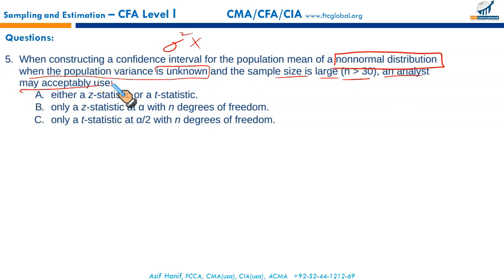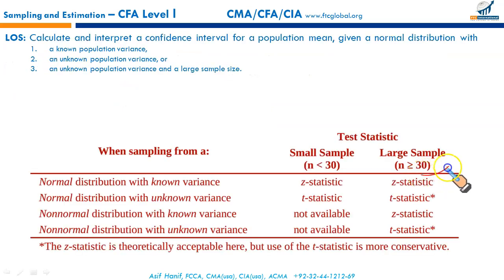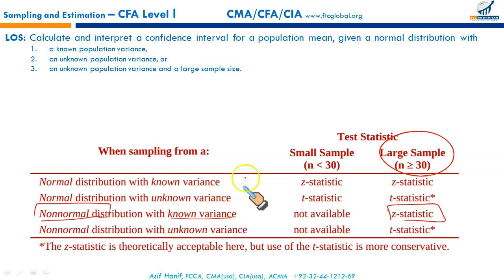Now let us go back to the table so that we are sure what we are doing. So when the sample size is greater than 30, you have two options: non-normal distribution with z statistic for known population variance, and non-normal distribution with unknown population variance, in which case we have the t statistic.